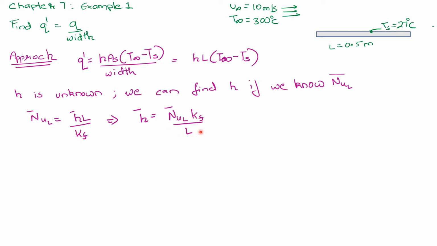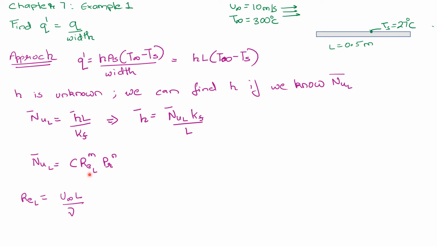So we can write h as Nusselt number times thermal conductivity of air divided by the length of the plate. Now we know the general form of Nusselt number is C times Reynolds number to the power m times Prandtl number to the power n, and the values for C, m and n are different for different geometries, different types of flows and different materials.